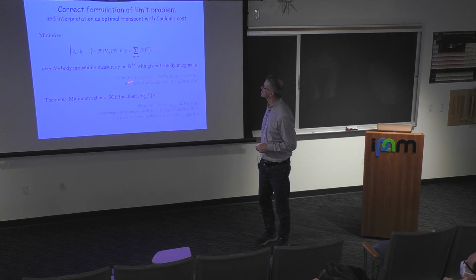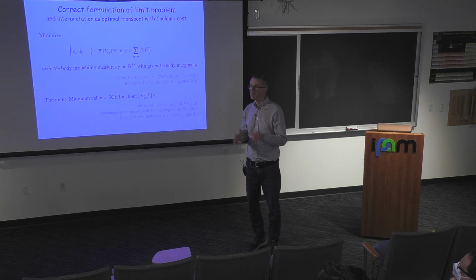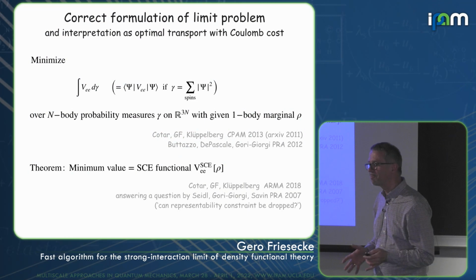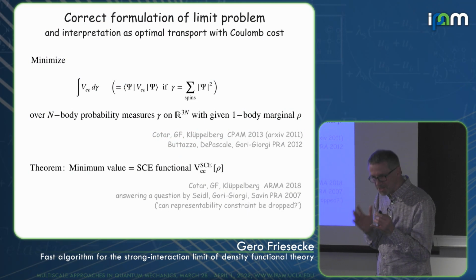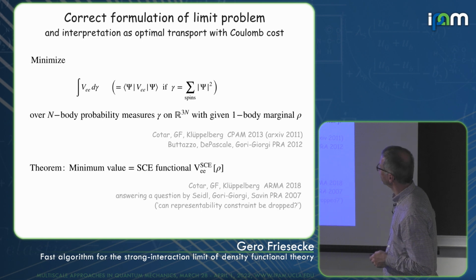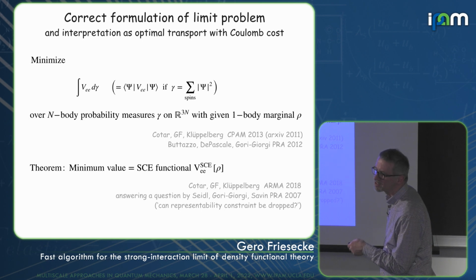You can minimize over arbitrary probability measures here, even though they are not representable as squares of an antisymmetric wave function with spin. But you can cook up a fictitious antisymmetric wave function with spin, which gives a square that is sufficiently close in some weak star sense that it is enough to converge this integral.